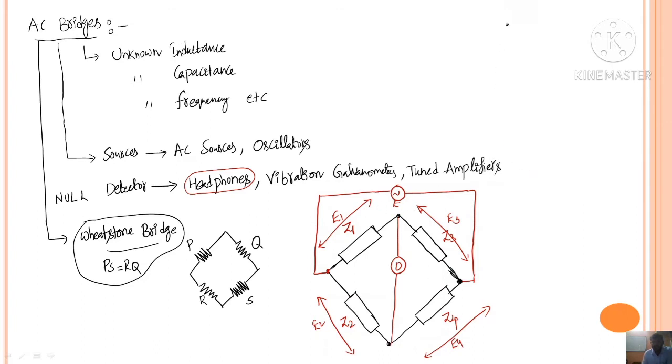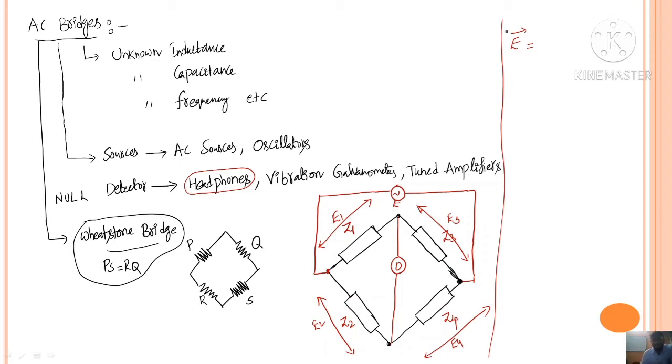How can I write now the voltage equation, the resultant voltage? So E is the source. When we are considering AC supply, we need to deal with the phasors.